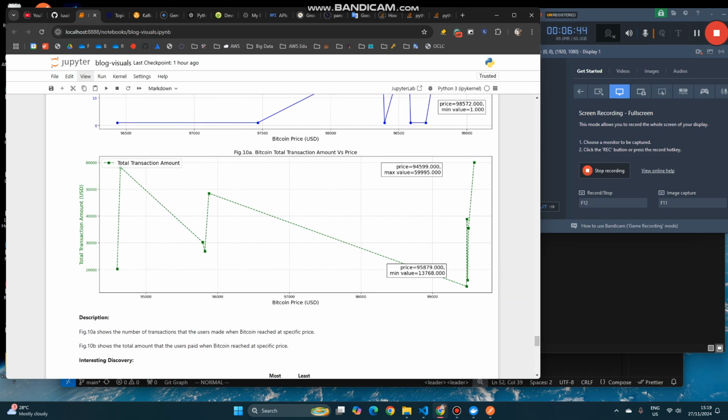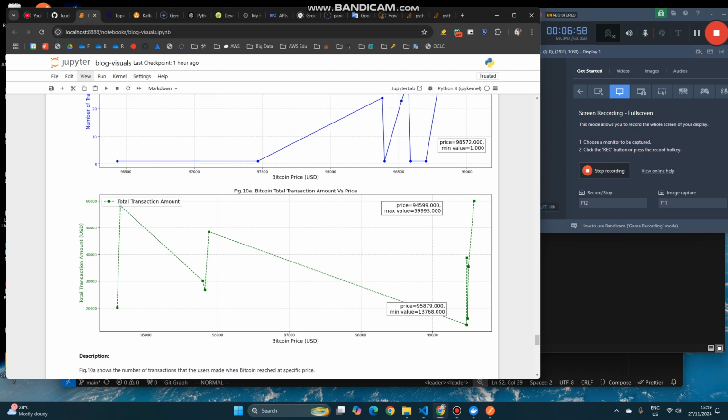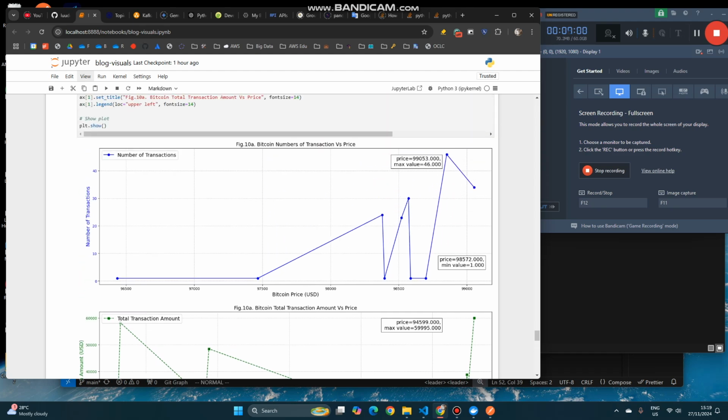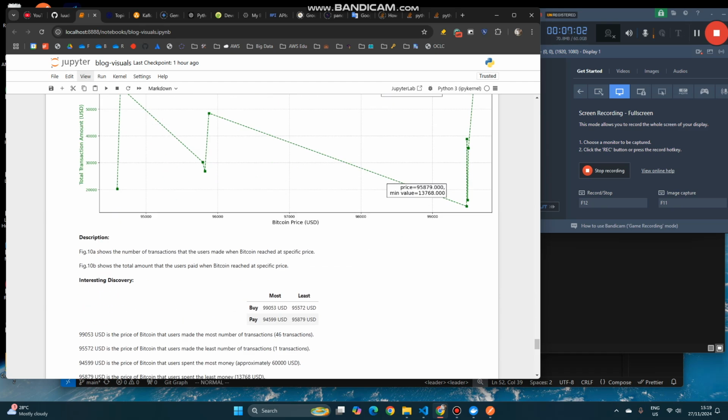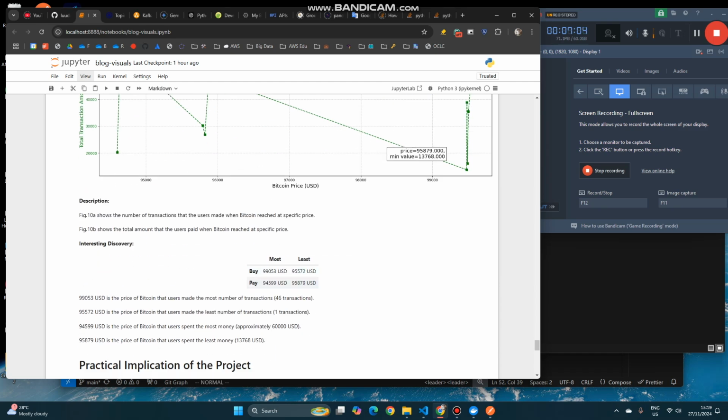The second plot is at which price of the Bitcoin the customer spends the most money, and at which price of the Bitcoin the customer spends the least money. And with these charts, I found the matrix here.